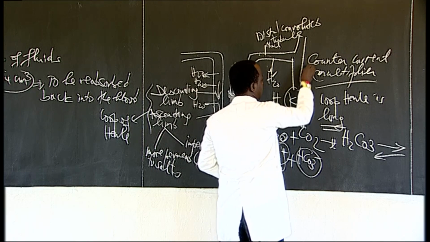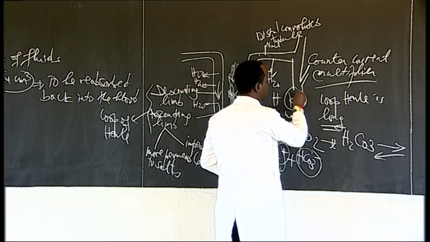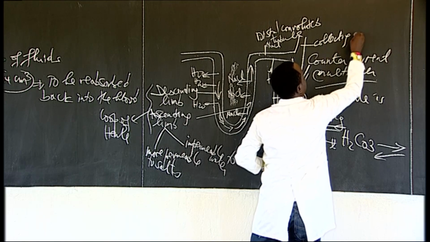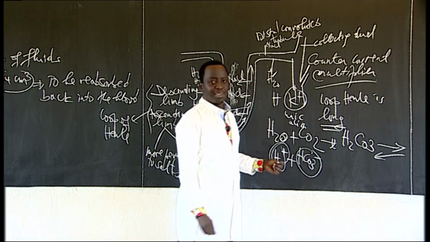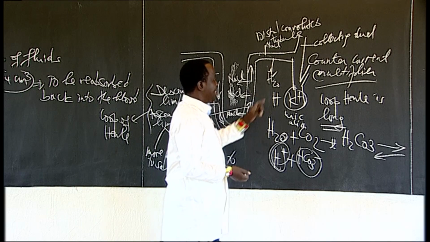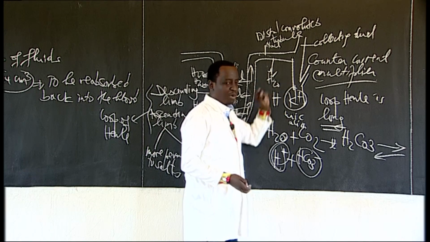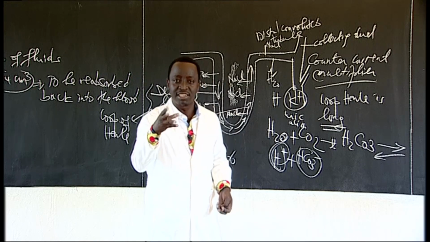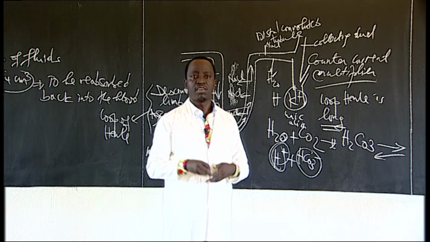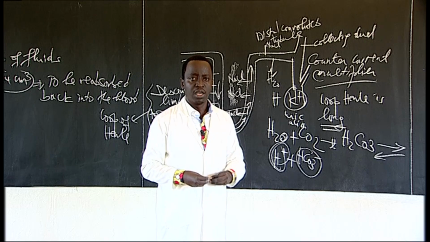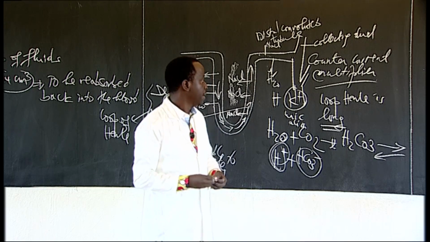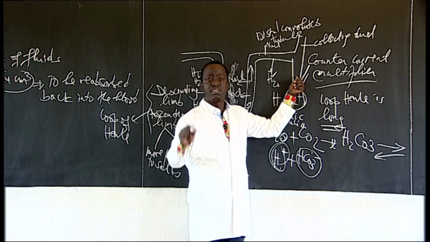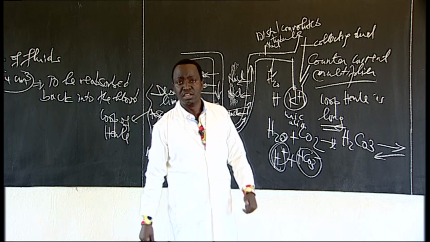So now, we continue here. The last one is the collecting duct. Are you together? Now, the remaining fluid goes to the collecting duct. It is called the collecting duct because it collects the urine that you have already formed in the medulla. But remember, this collecting duct is also permeable to water and salt.